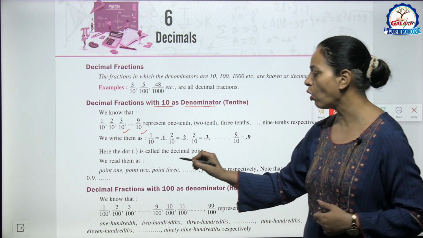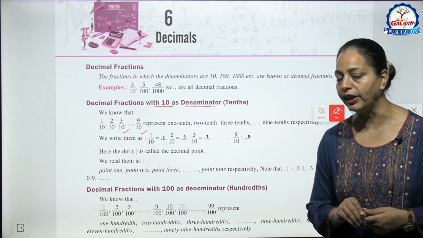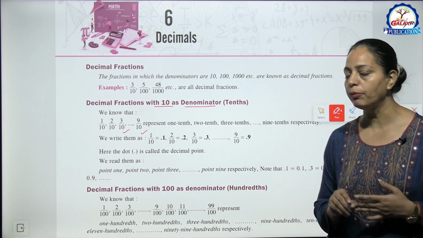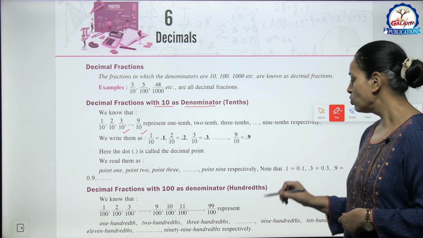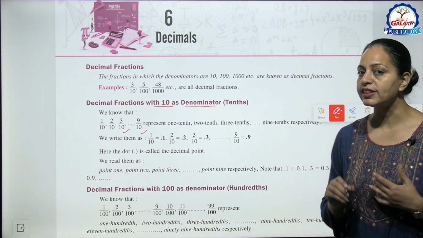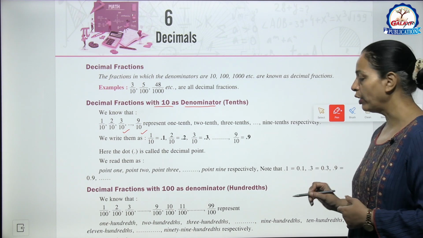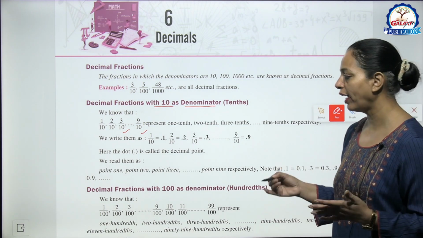So here this dot is called the decimal point. We read them as 0.1, 0.2, 0.3, 0.9 respectively.